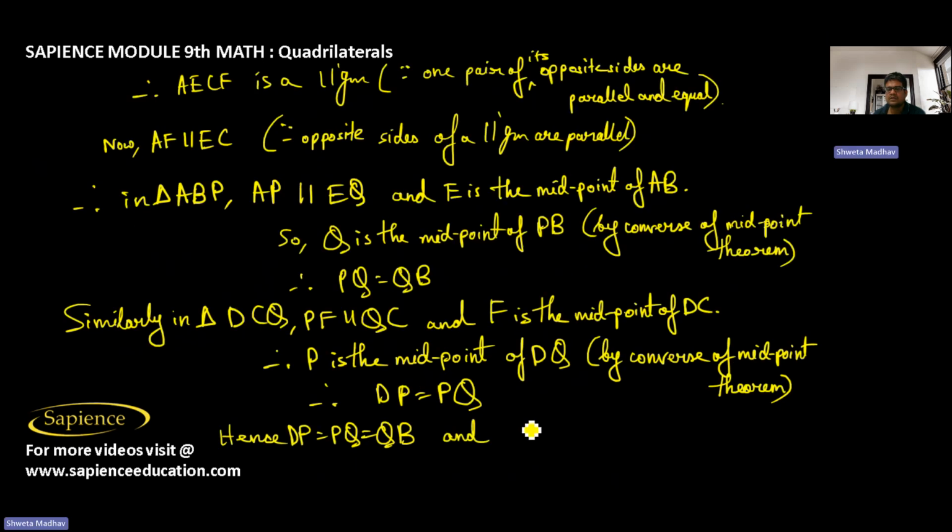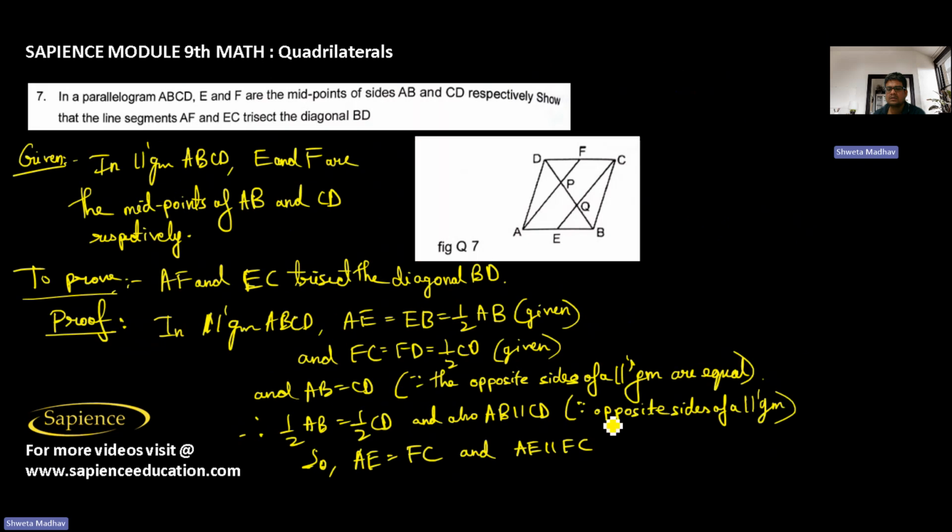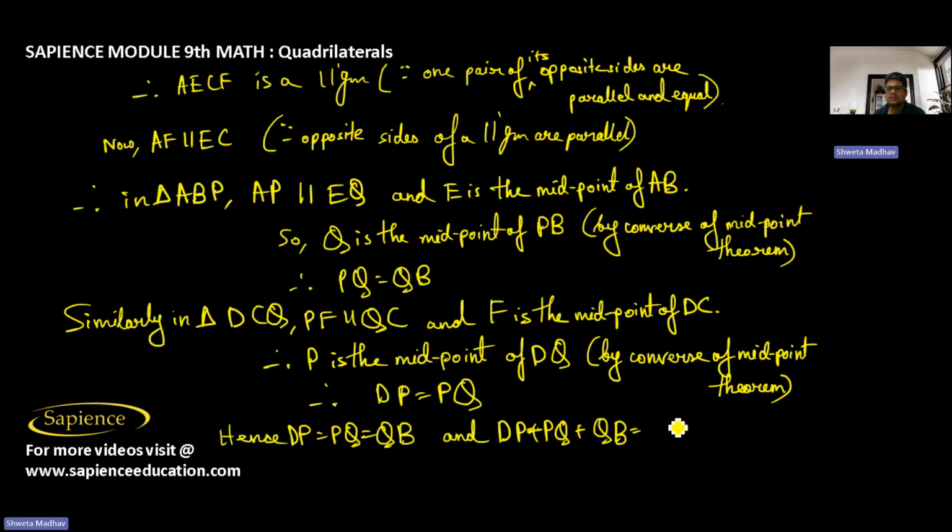And also we can see that DP plus PQ plus QB is equal to DB. So hence we can say DP is equal to PQ is equal to QB is equal to 1/3 of DB.